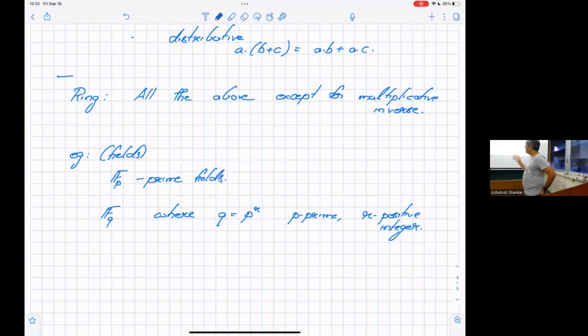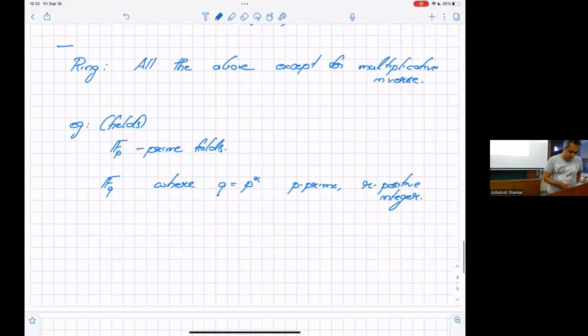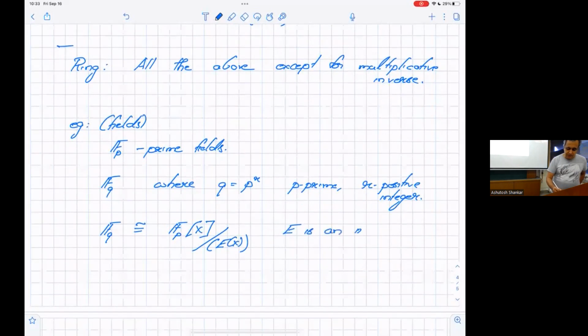One of the things which you possibly have seen is that F_q is isomorphic to taking F_p, looking at the ring of polynomials F_p[X], the univariate polynomial ring, and going mod E(X), where E is an irreducible polynomial of degree exactly r.